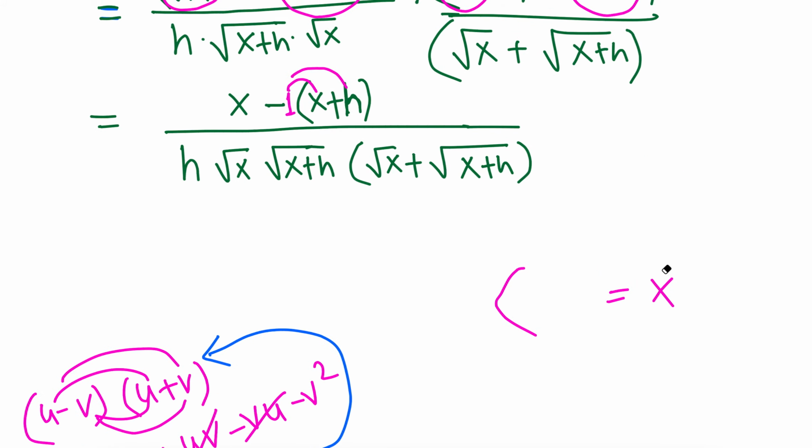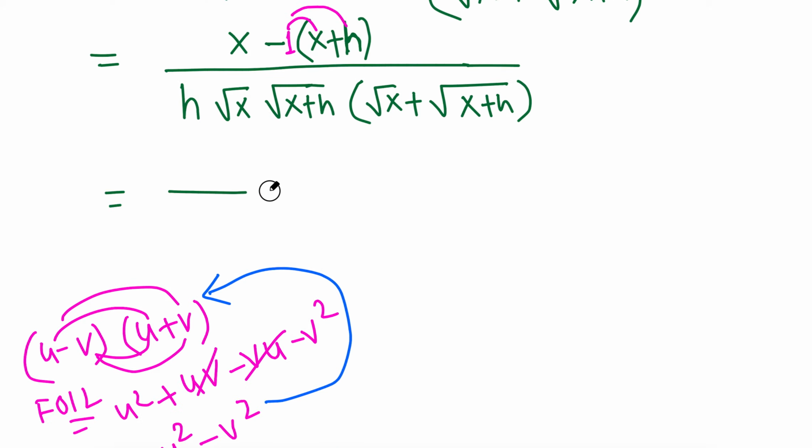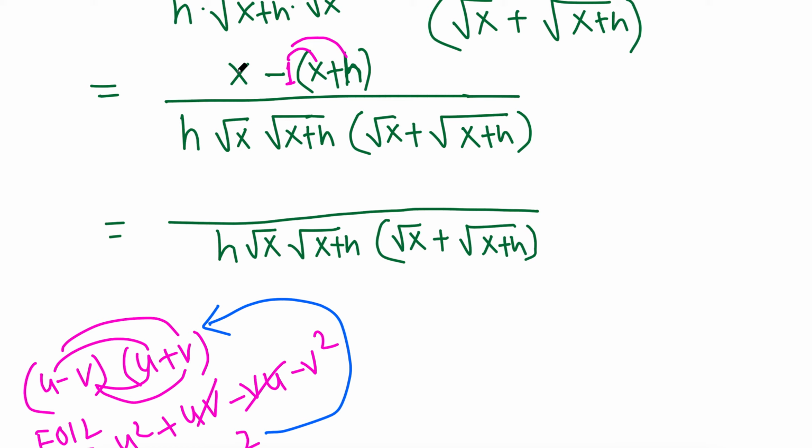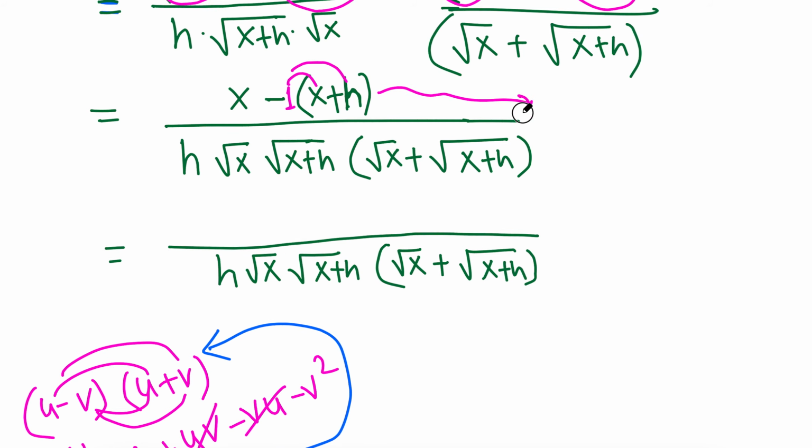Okay, so let me get this away. There is no issue on the bottom, we just keep writing. On the top, this is x minus x. So let me distribute here. This is x minus, when we distribute negative, x, negative h. x and x cancel, just negative h.